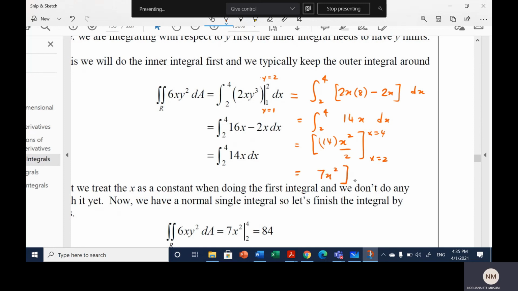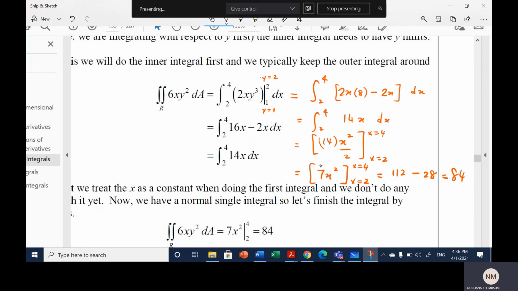We have 7x squared, evaluated from x equal to 2 to 4. For x squared, the upper limit, 4 squared is 16. Then we times 7, we have 112. Then minus 2 squared, which is 4; 7 times 4 is 28. So the final answer is 84.